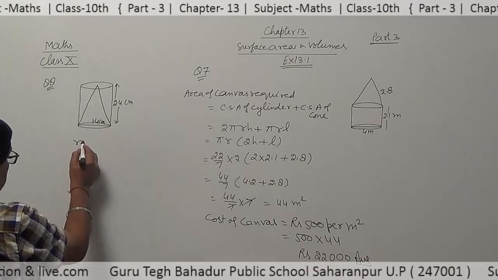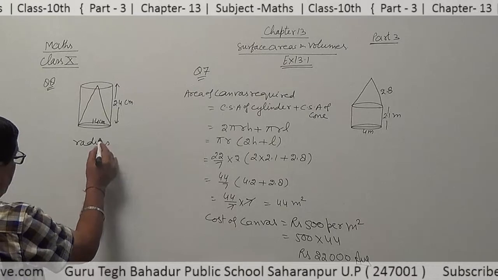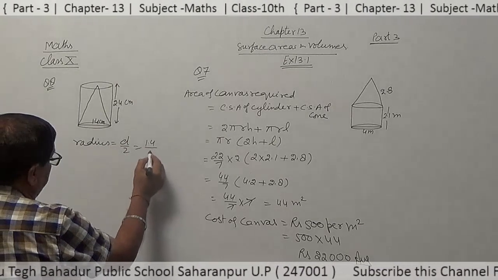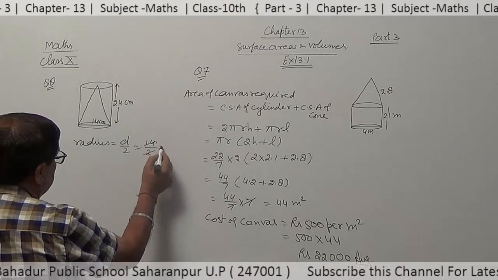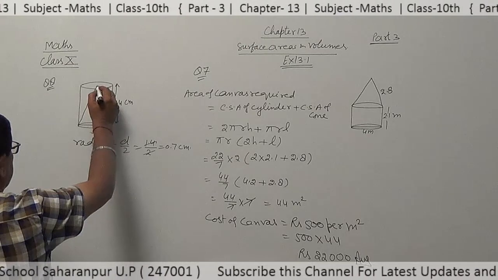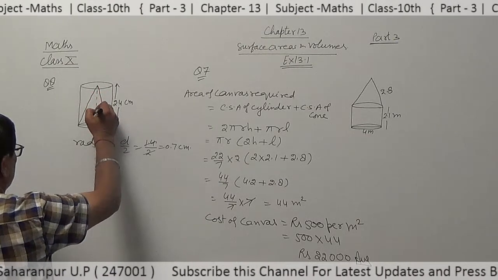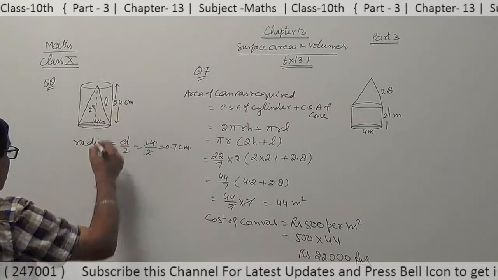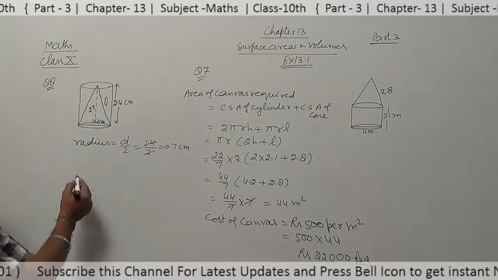So radius is diameter upon 2, 1.4 upon 2, that is 0.7 centimeter. This is the vertical height, which is also 2.4. First find out the slant height.